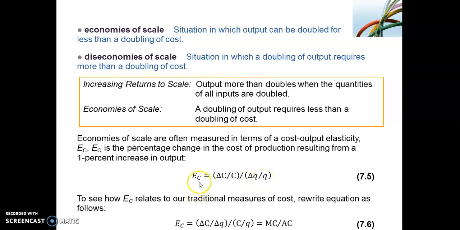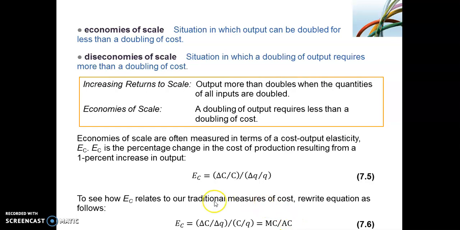If we relate this cost output elasticity to your normal measures of cost, which you are familiar with, such as marginal cost and average cost, we can rewrite this equation as your cost output elasticity is equal to your marginal cost over your average cost.